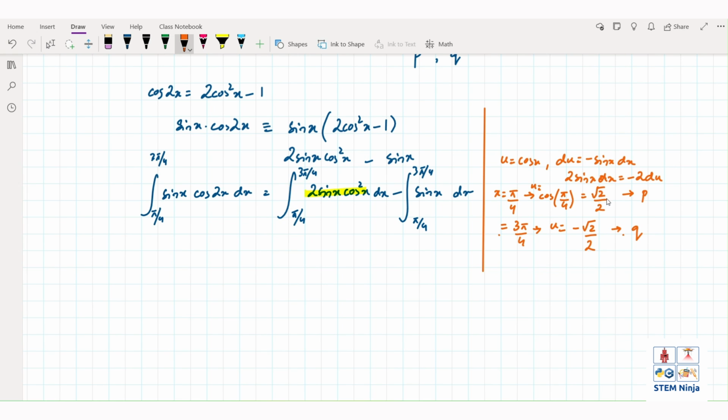And now you can see where the minus sign is actually going to come from. When we apply the minus sign over here, it will make this negative, which means that we can invert the limits, and this will become positive. So this would be the area.